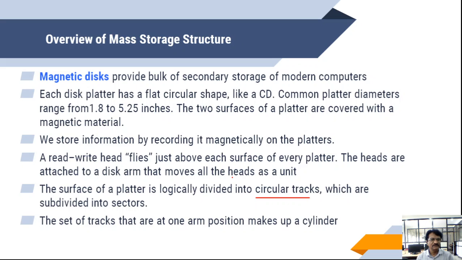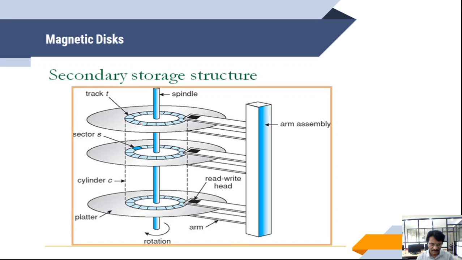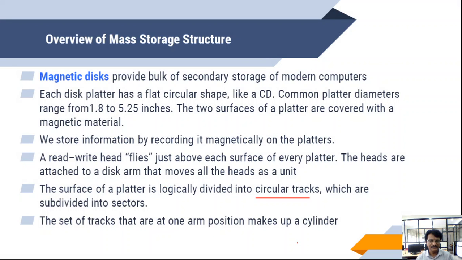So the set of tracks that are at one arm position makes a cylinder. See, this particular track for all the platters creates a cylinder. This is a cylinder.